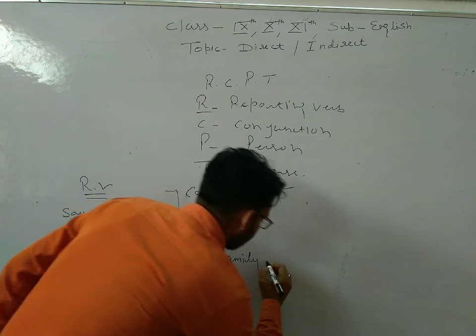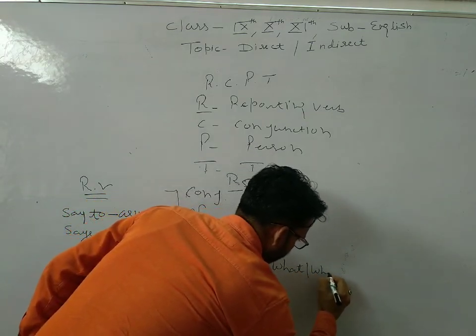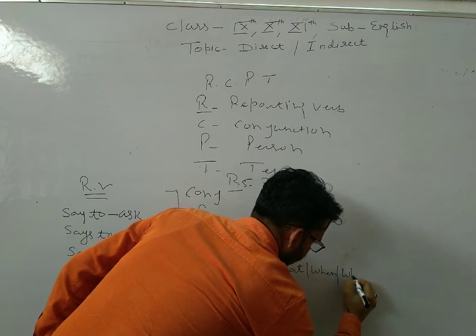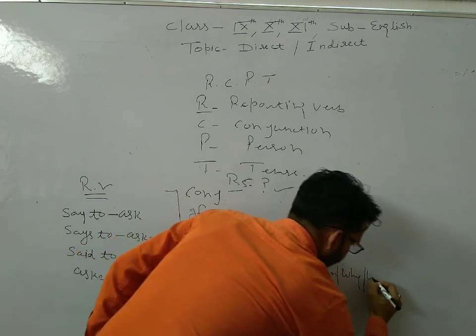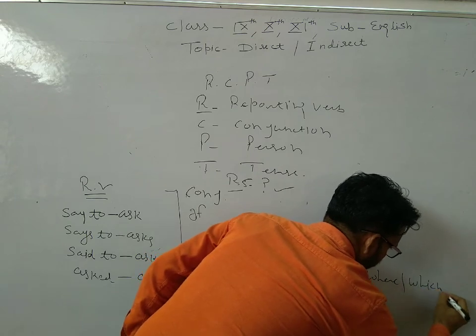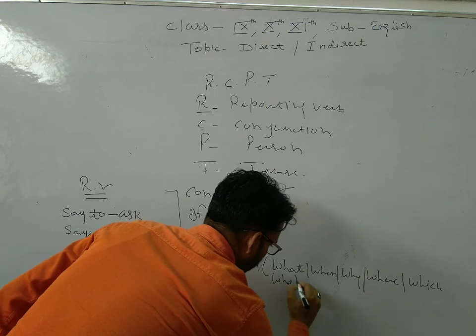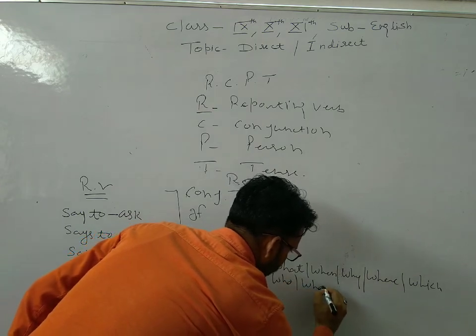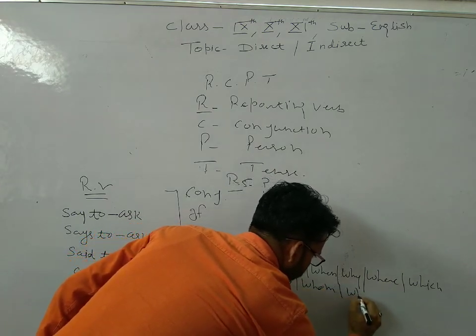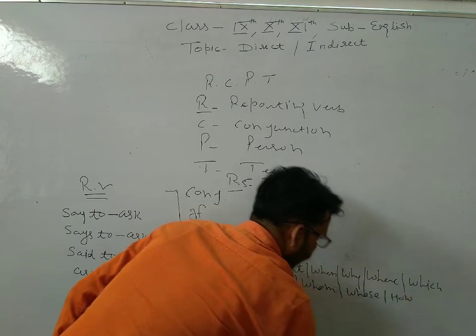WH family means to say that what, when, where, which, who, whom, whose, and how.